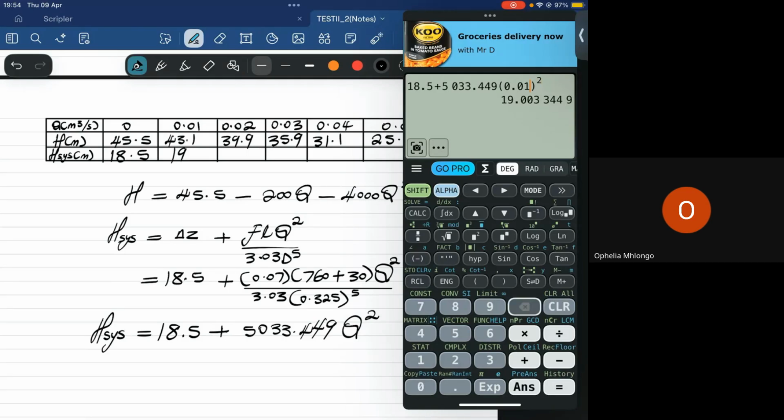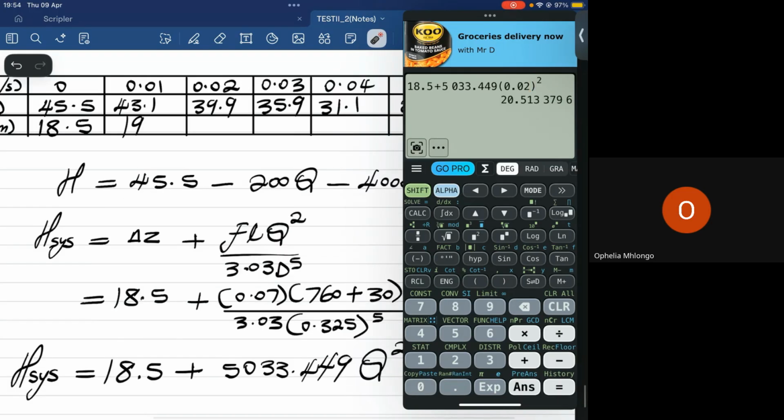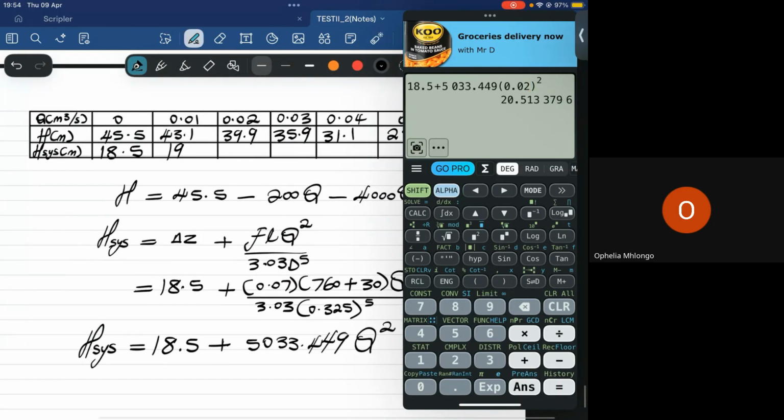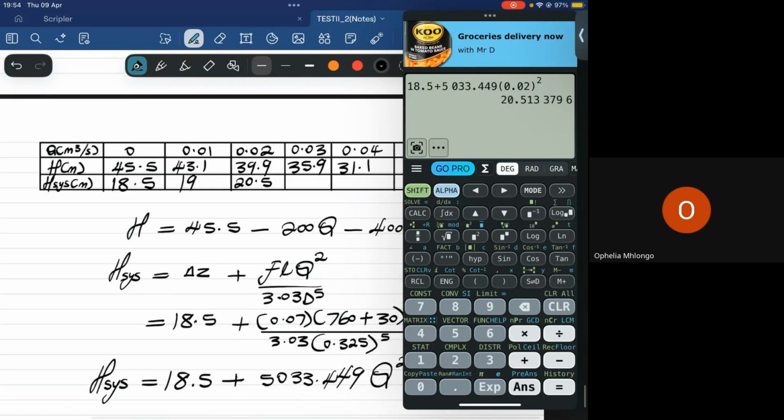And then the third volumetric flow rate, actually the fourth, is equal to 0.0. No, the third, I was right. The third volumetric flow rate is equal to 0.02. So that is equal to, let's just say 20.5 or 20.51, doesn't matter.